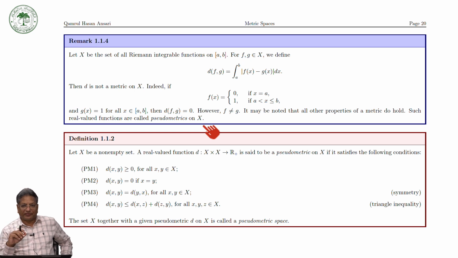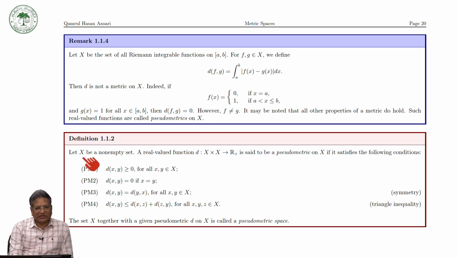So if a function d satisfies all the properties of a metric except the one which says that d(x,y) equal to 0 implies x equal to y, then such a function is known as a pseudo metric on X. So the definition of a pseudo metric on X is the following.